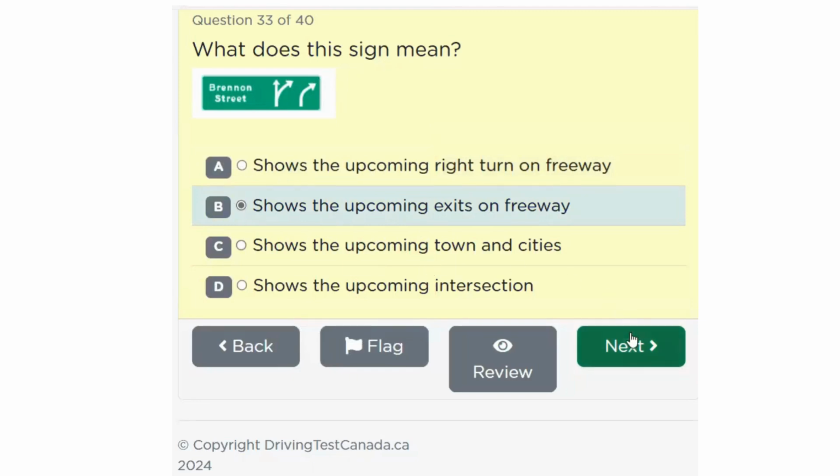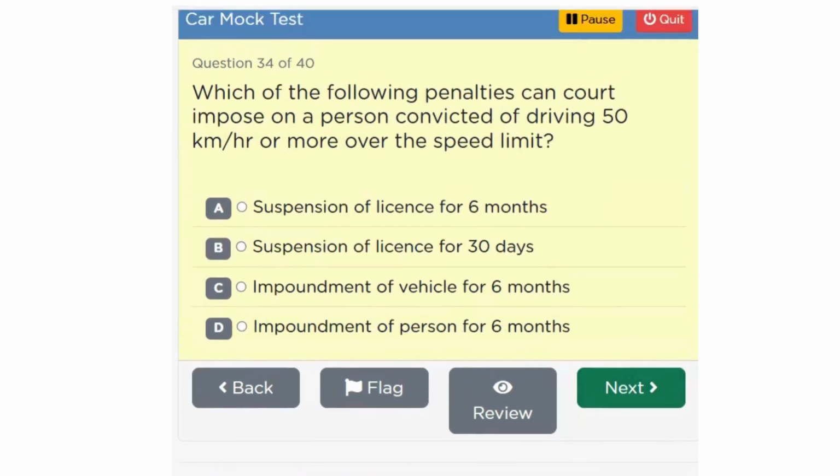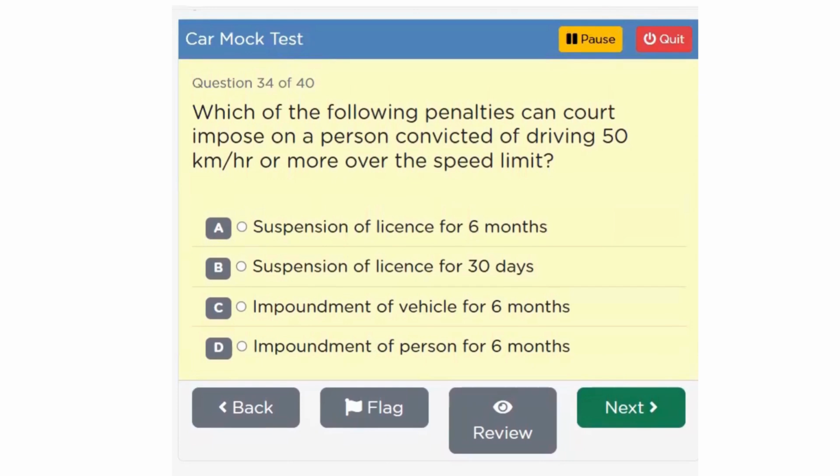I don't know. Which of the following penalties can court impose on a person convicted of driving 50 kilometers or more over the speed limits? A suspension of license, I guess, for 6 months because this is quite a big offense.